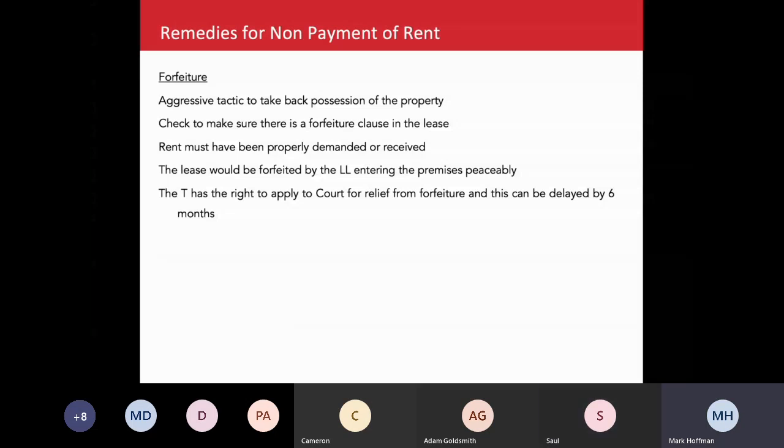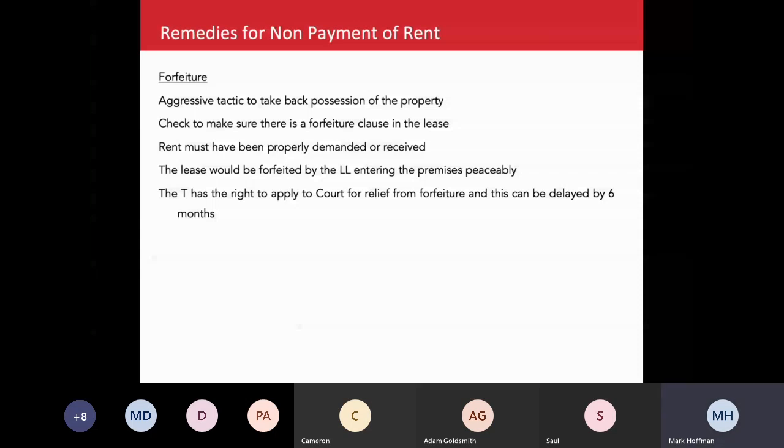So what you do is you look at the lease, and there's a forfeiture clause. You serve a Section 146 notice, but this is the important bit. You have to wait 6 months because the tenant has the right to apply to court for relief from forfeiture. And you can't do anything for 6 months whilst you're waiting for the notice period to expire.